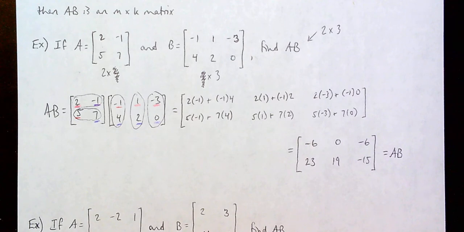So very important to note how we come up with the elements in our product matrix. It's not just multiply corresponding elements, because if you tried to multiply 2 matrices that are the same order or the same size, you may not even be able to find the product matrix of those 2.